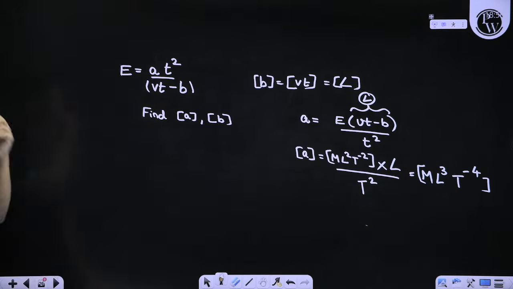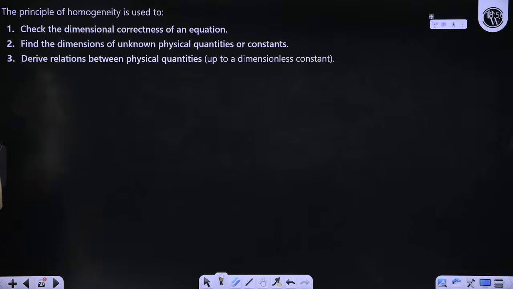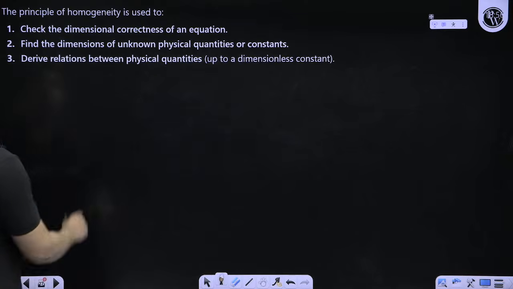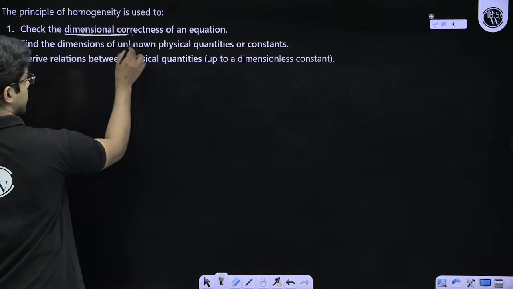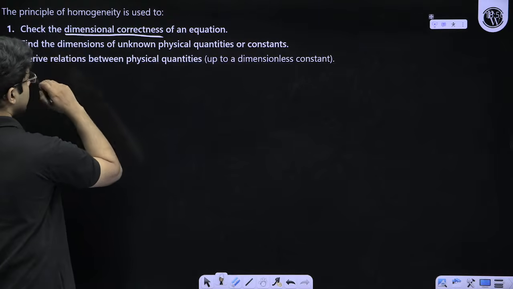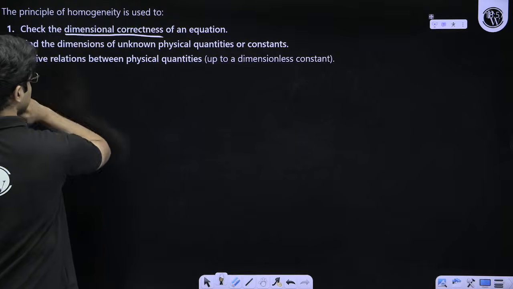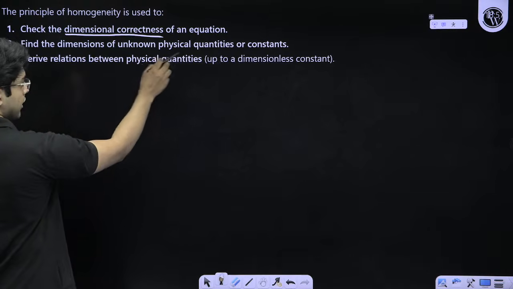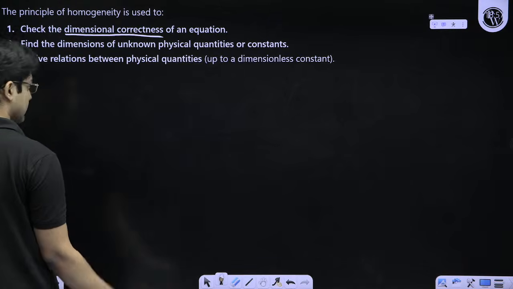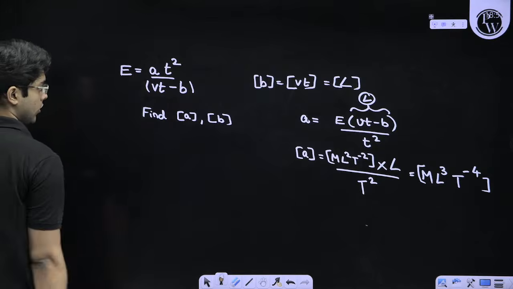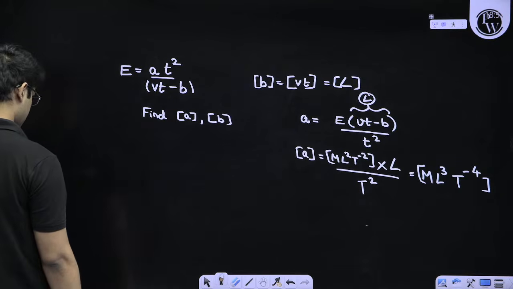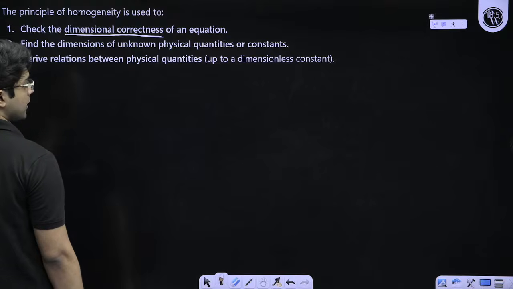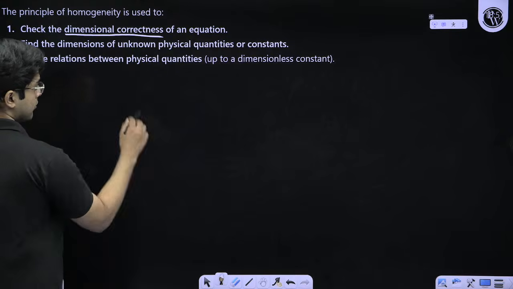So we can check if an equation is dimensionally correct or not using the principle of homogeneity. We can also find the dimension of unknown physical quantities or constants, which is what we did in this question. And we can derive relations between physical quantities, which we will do.